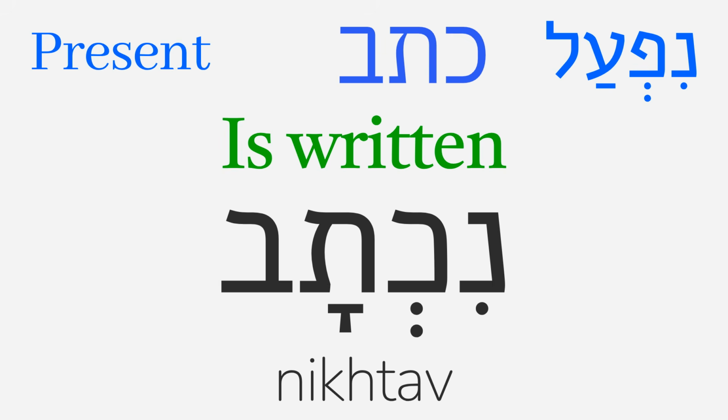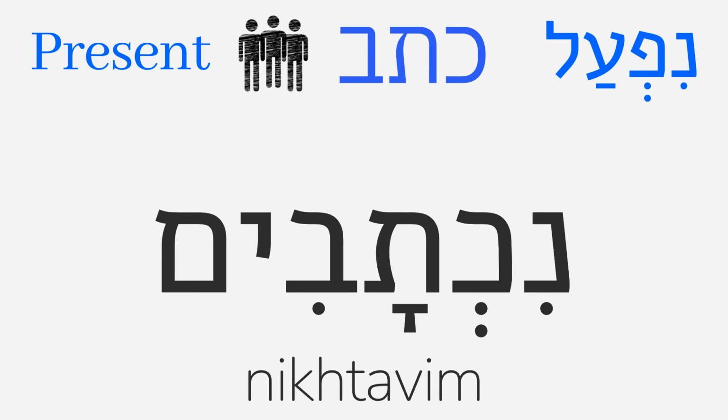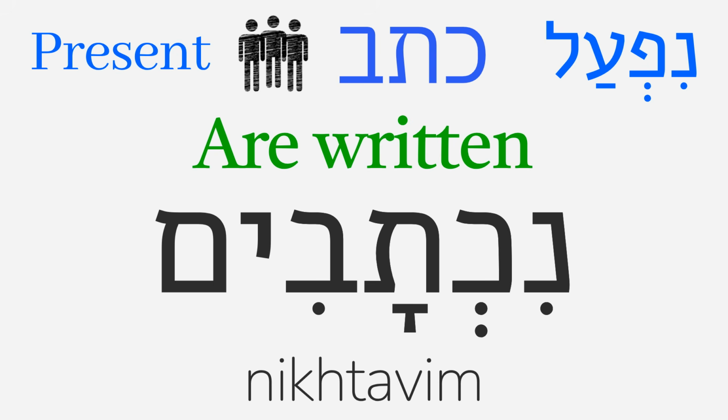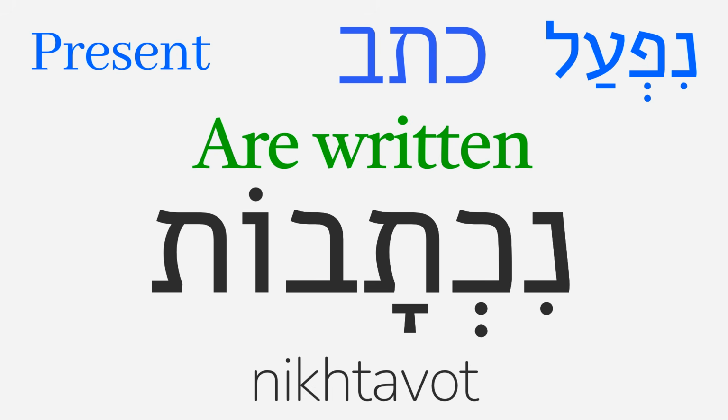The other 3 forms of the nifal present tense are formed the same way they are in the other passive binyanim, the pual and hofal. The masculine and feminine plural forms take the masculine singular form nichtav, change no vowels, and add the masculine im ending for nichtavim, are written in masculine plural form, or the feminine ot ending for nichtavot, are written in feminine plural form.